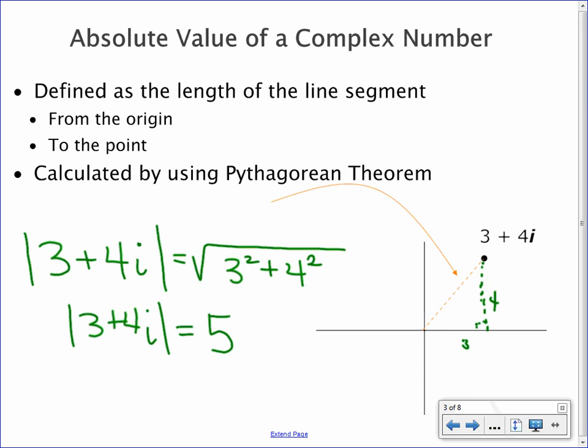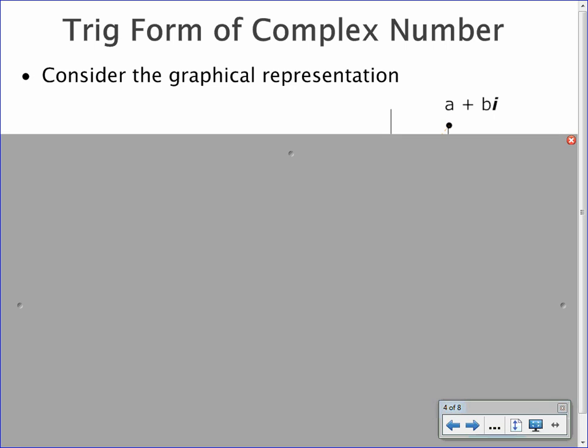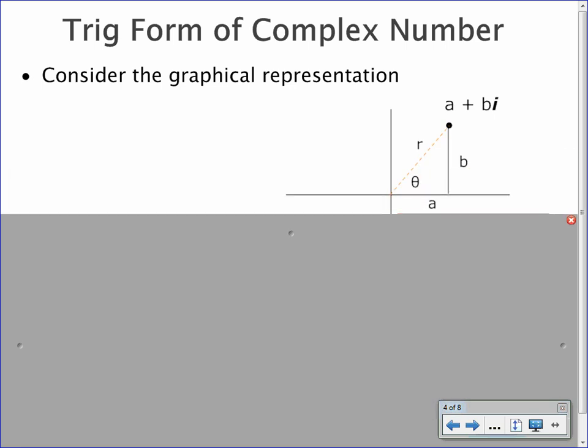So we need this concept for the trig form of our complex number. Alright. So I want to look at this picture right here.